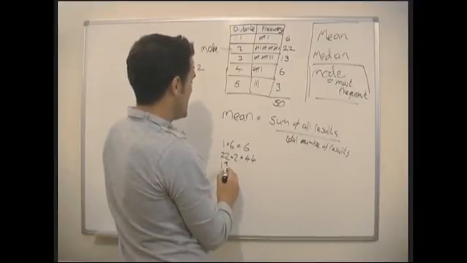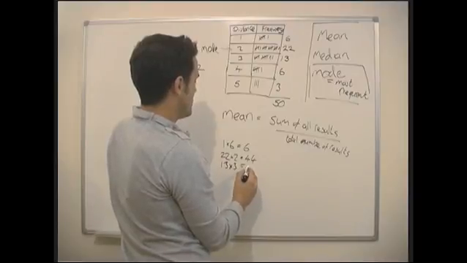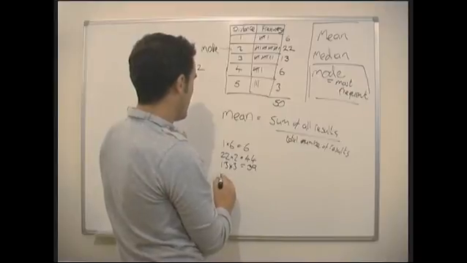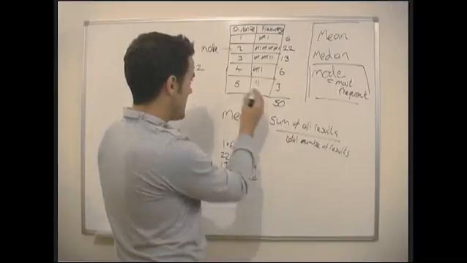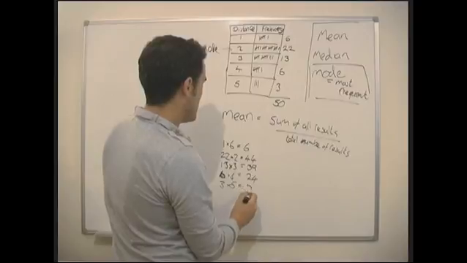I've got 13 3s. That's going to give me 39. I've got 6 4s. It's going to give me 24. And I've got 3 5s. It's going to give me 15.